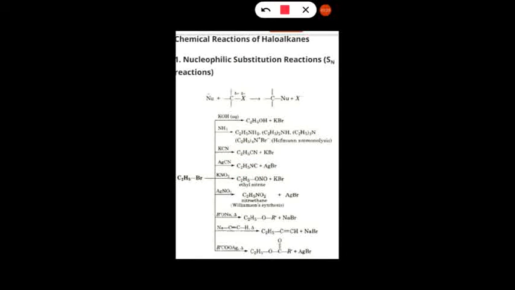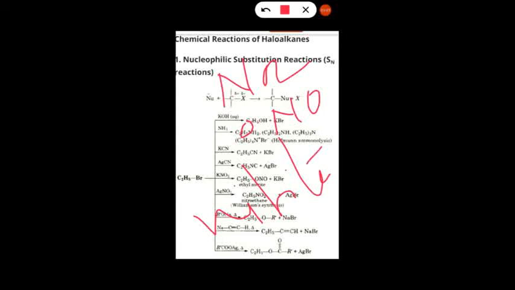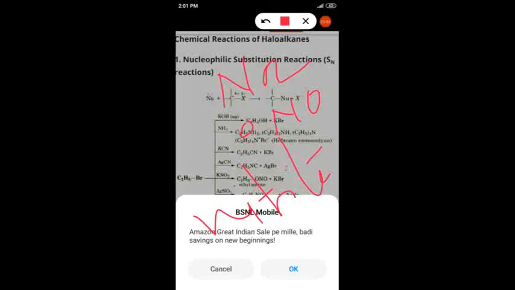Next is potassium nitrite. When it reacts with potassium nitrite, NO2 minus attacks the Br and there is a formation of ONO. It is also an ambident nucleophile, so it forms ONO, that is ethyl nitrite, C2H5ONO.